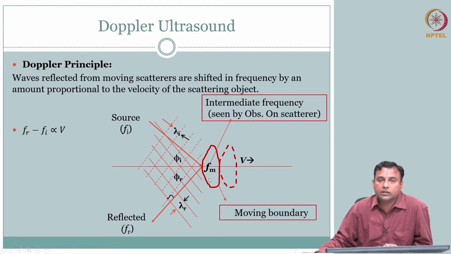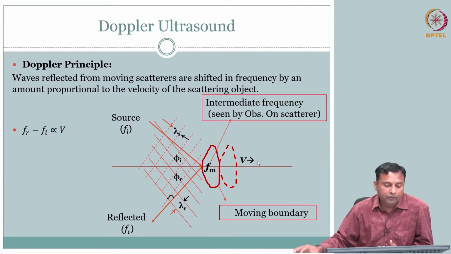This is my frequency as observed from the object, and it has a velocity v, which I have put going in this direction, to the right. Given this, what do we want to do? Well, we know the big theme: somewhere we will have to find out what Fr minus Fi is.